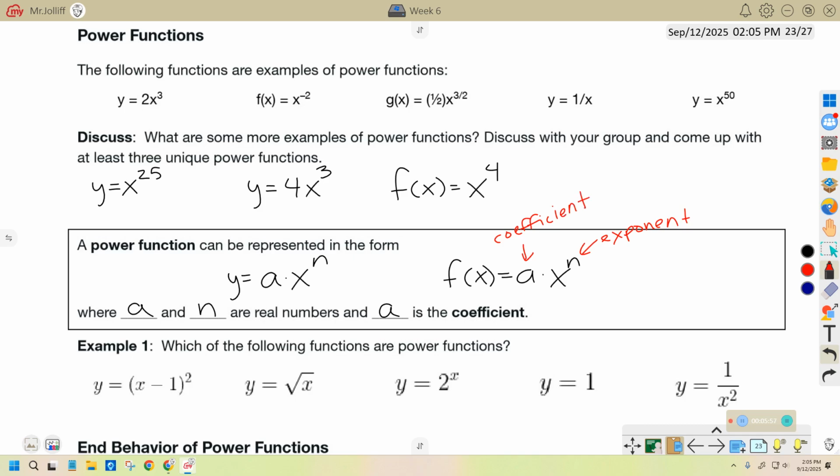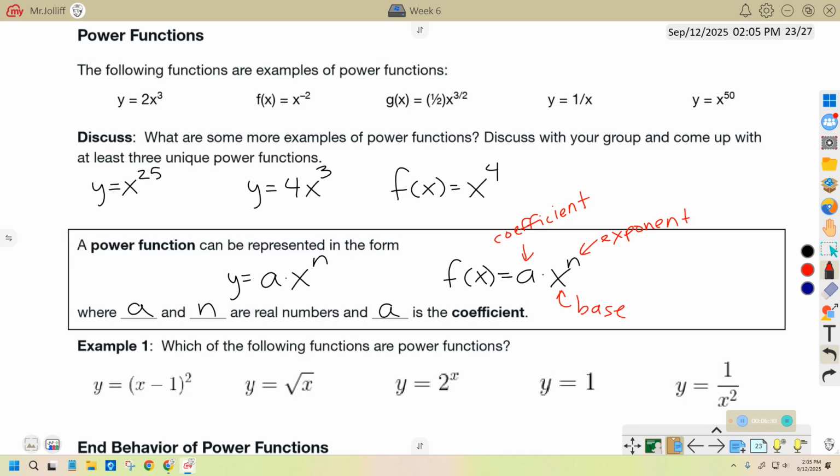The thing that is being raised to an exponent. What do we call that? Starts with a B. Base. Yeah. So our independent variable is the base, and it's being raised to a real number exponent and then multiplied by a real number coefficient. That's a power function.